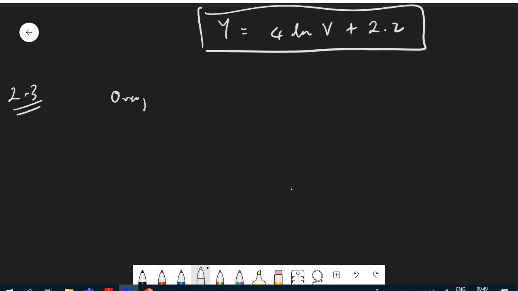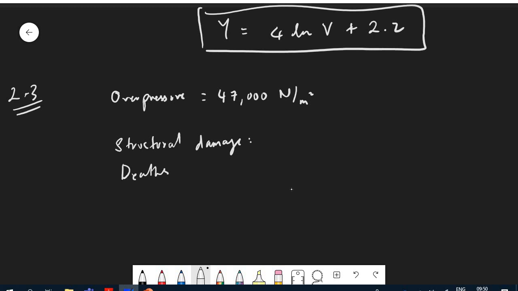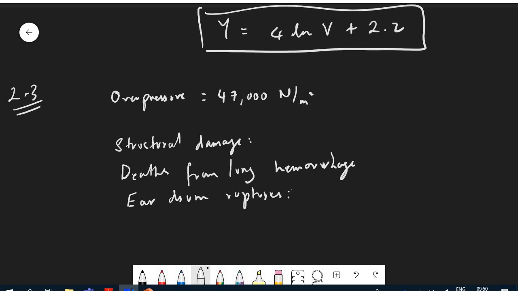The overpressure is equal to 47,000 Newton per meter square, and we already know some information, because what it is asking me is what structural damage we would have, how many deaths, possible deaths from lung hemorrhage, and how many will be suffering from eardrum ruptures. So these are the three things that I'm trying to target here.